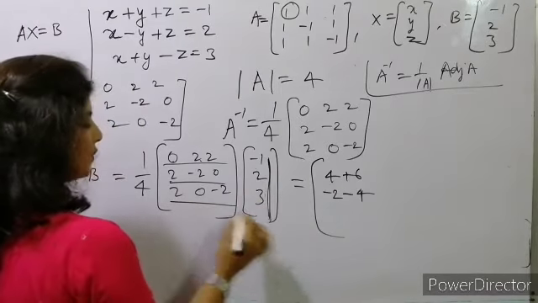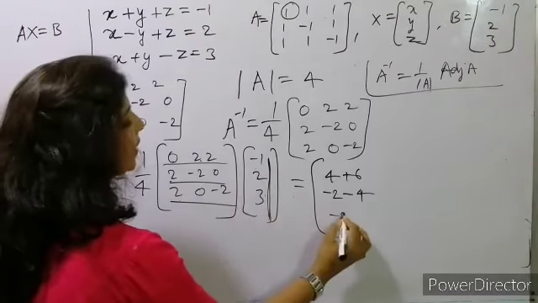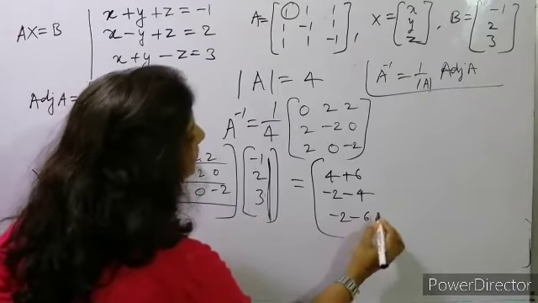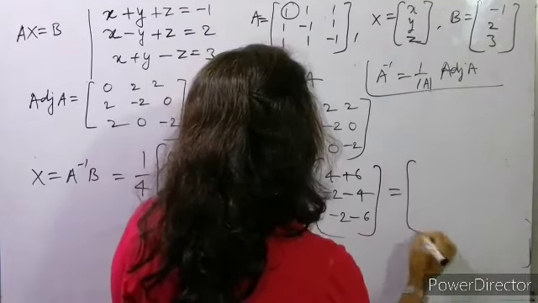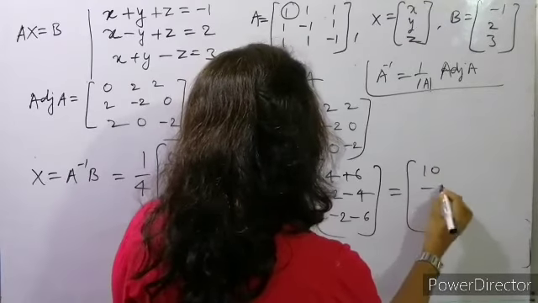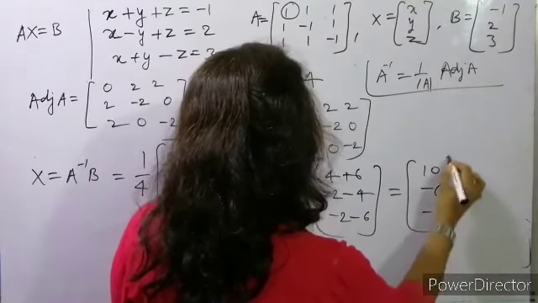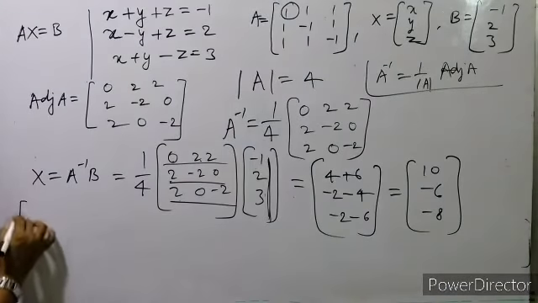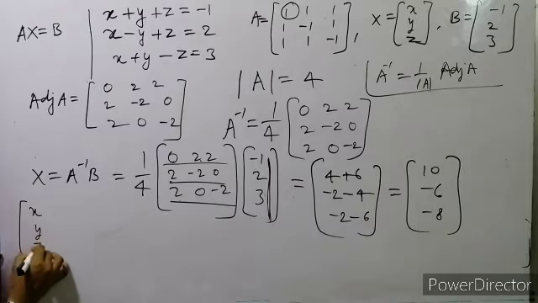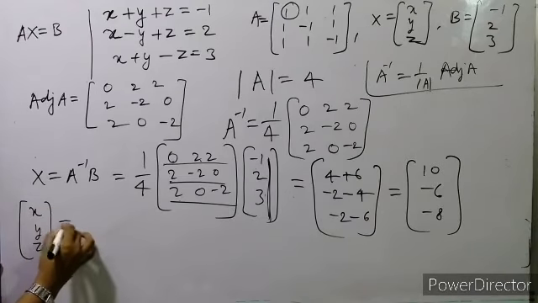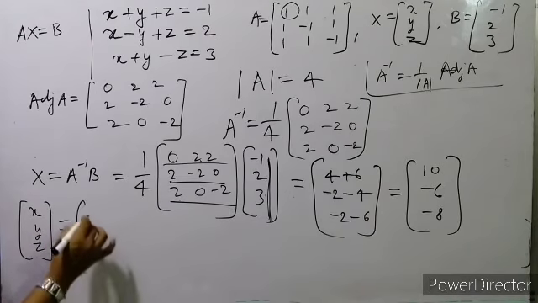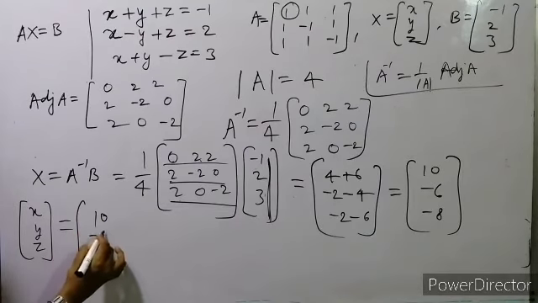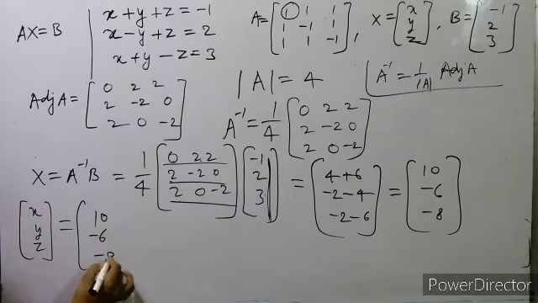The third row first column, 2 into -1 is -2, 0 into something 0, and -2 into 3 is -6. So the resultant values we are getting are 10, -6, -8. x is the matrix x y z, there are 3 elements, so the resultant matrix is 10, -6, -8.